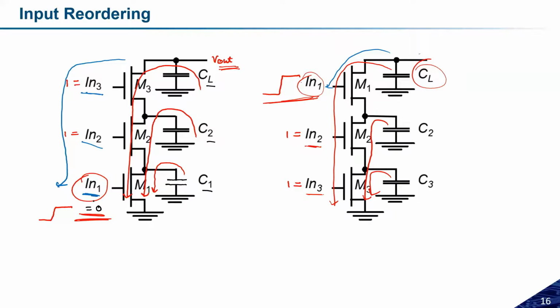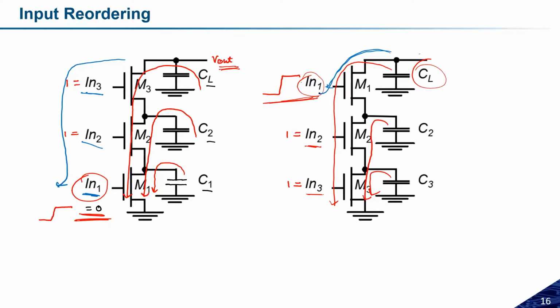So in the first case, the critical path is between M1, M2 and M3, because IN1 is the critical input. And in the second case, IN1 is the critical input, but it is very close to the output. So this is the critical path between M1 and the output only. Okay, so the critical path is not just one gate. It is the path between the critical input and the output.